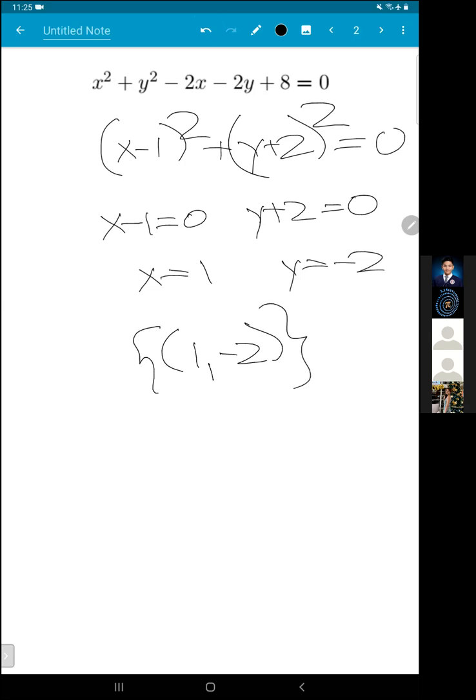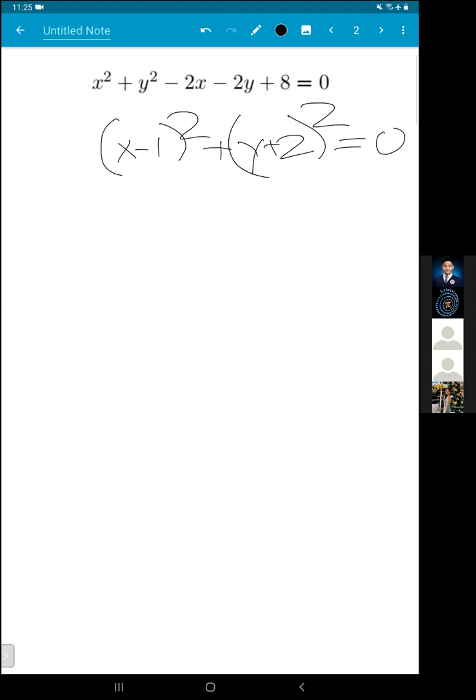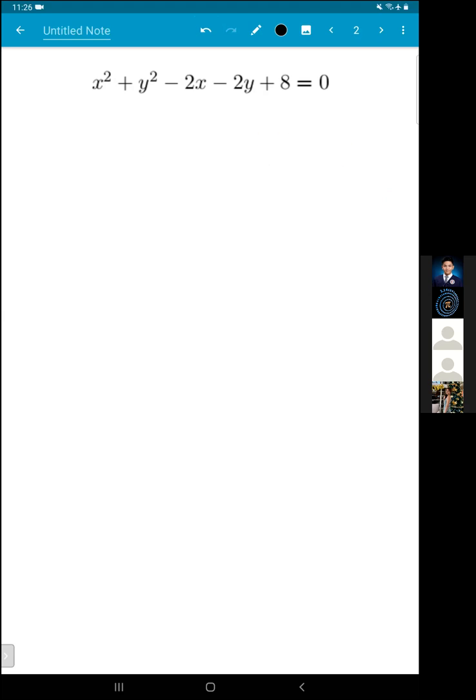Now, it will only be an equation of a circle if after completing the squares, you get something positive here. Any number, as long as it's positive, let's say 1. Then it's still a circle whose radius is square root of 1. So let's do that for this one. So please watch the other video. We complete the squares. So add 1.